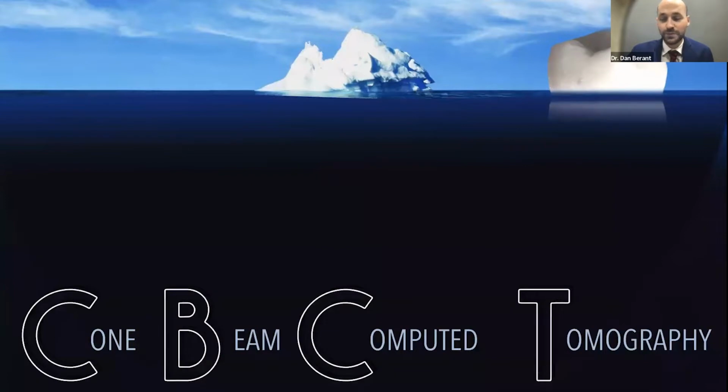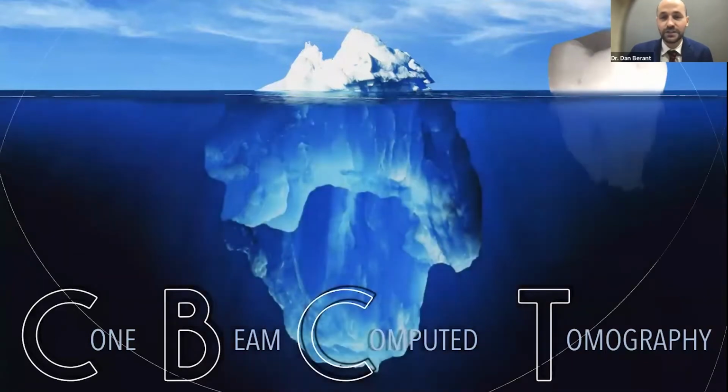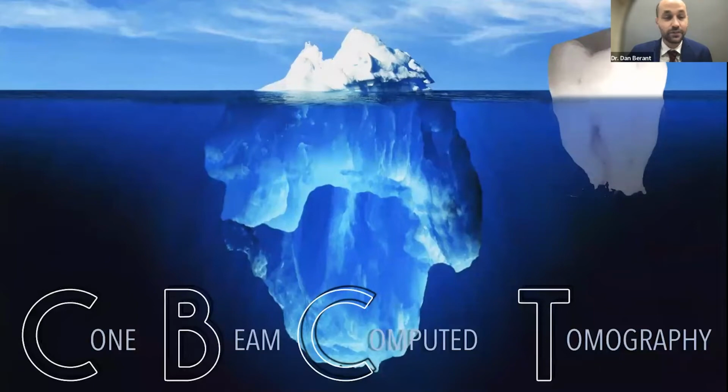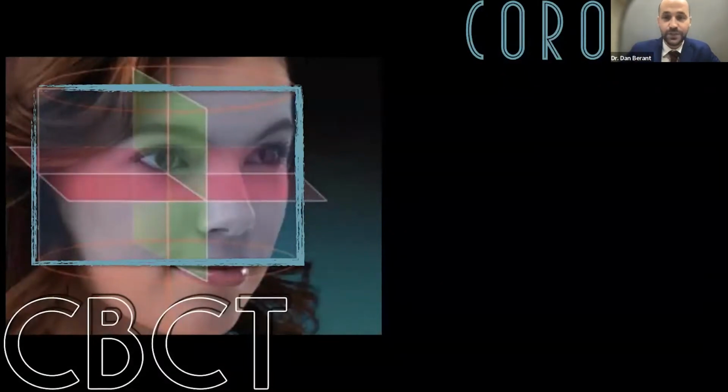What a cone beam CT really does is allow us not only to visualize the root of the teeth, but also to take cross sections and see the tooth from a horizontal, vertical, and transverse section. One of the objectives I want each of you to come away with is understanding the vocabulary that we use when we view CBCTs and the different windows that are visible in a software program.